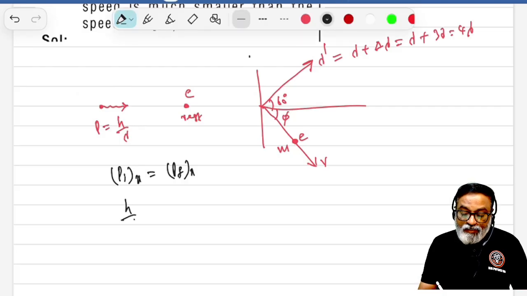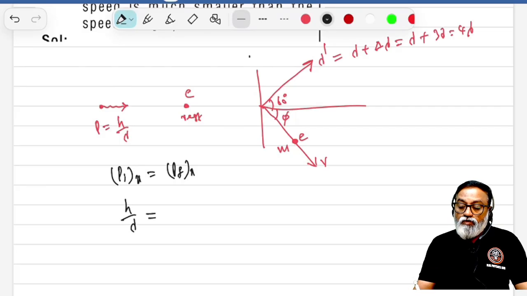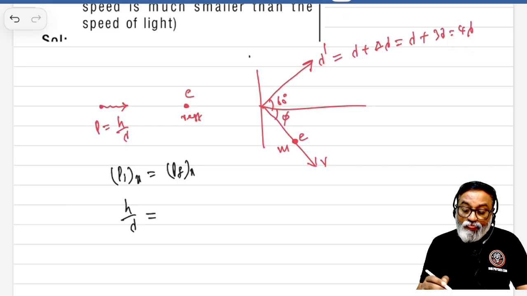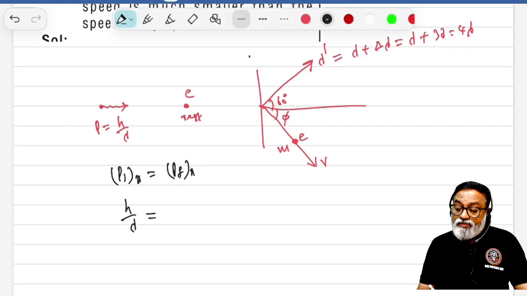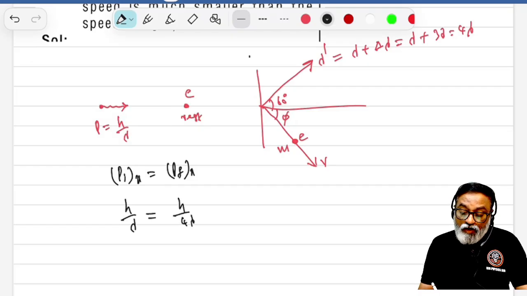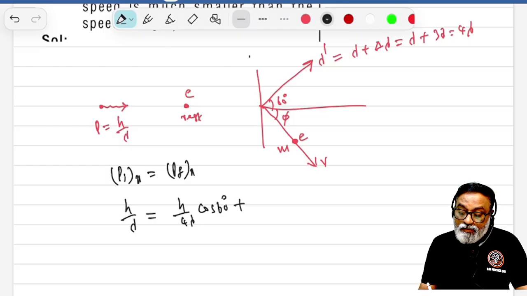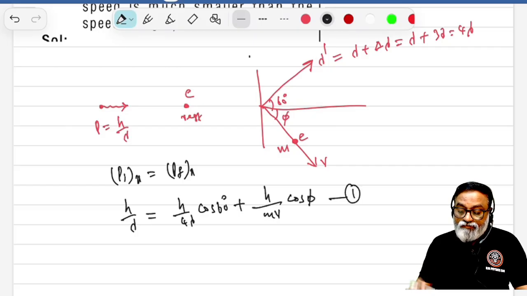This is equal to the momentum of scattered photon in x direction, h by 4 lambda cos 60, plus momentum of electron mv cos phi. It is equation number 1.